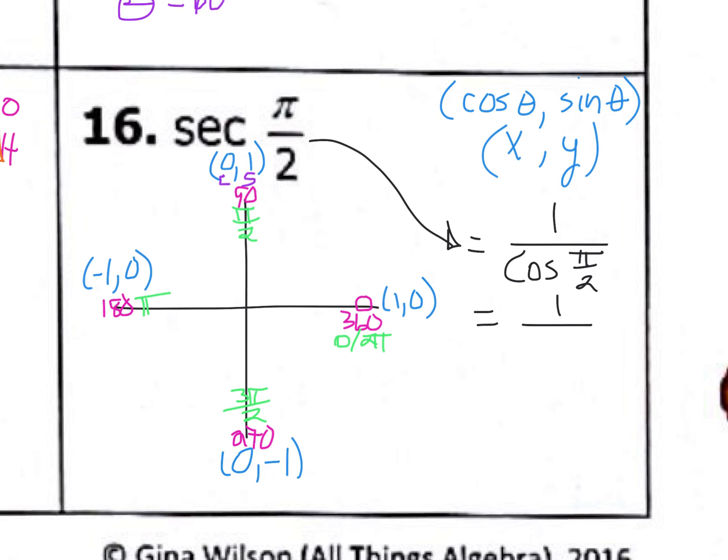So our cosine is 0, so I'm going to put 0 in place of cosine of pi over 2, and since we cannot have 0 in the denominator, the answer to the secant of pi over 2 is undefined, which I'm going to abbreviate as UD for undefined. It does not exist at pi over 2.